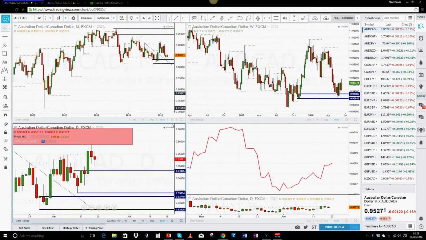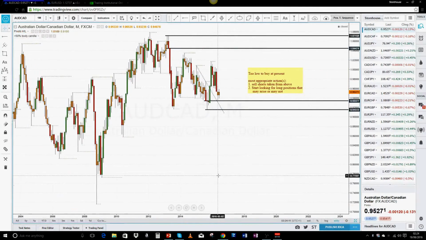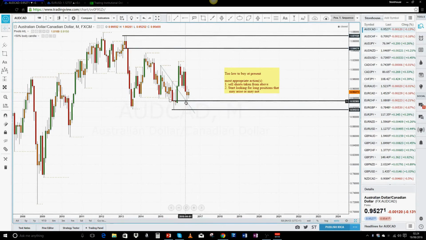To summarize, the reason we're looking for longs is price is low on the curve. We're looking for longs. We're not allowed to short anymore because of how low we are in the range. We want to look for the possibility of longs. We're not interested in the trend because we know it's too low and the trend will be down anyway.